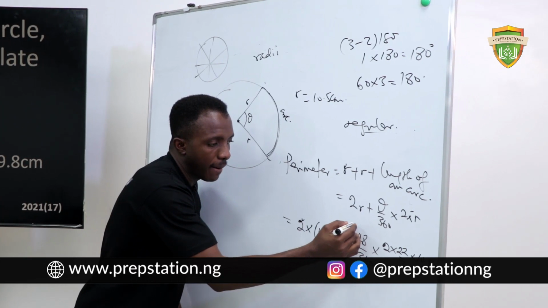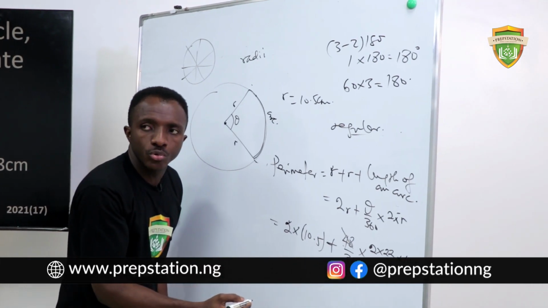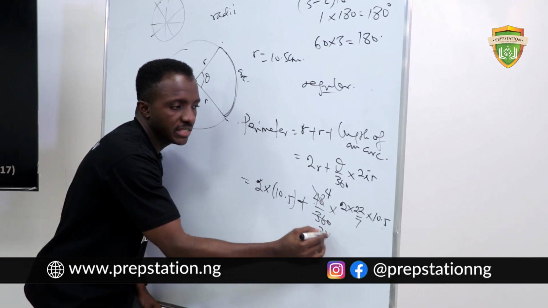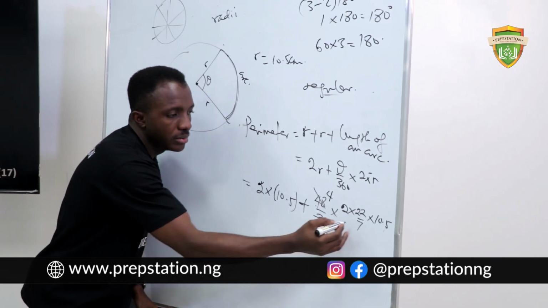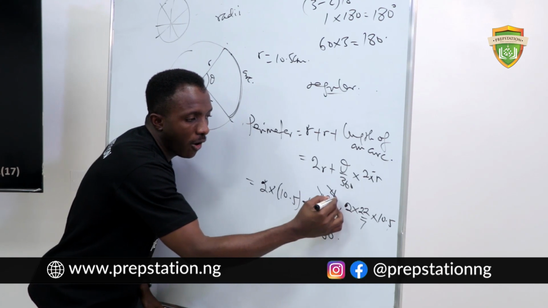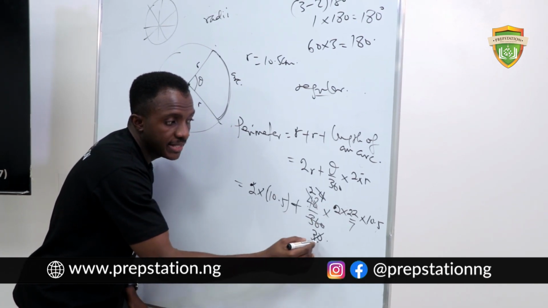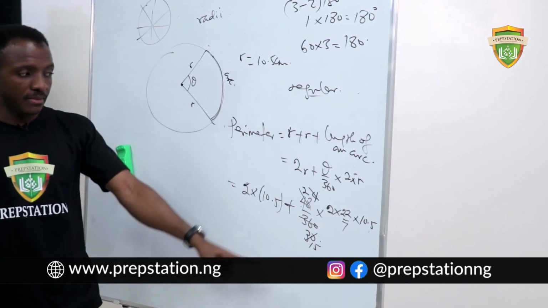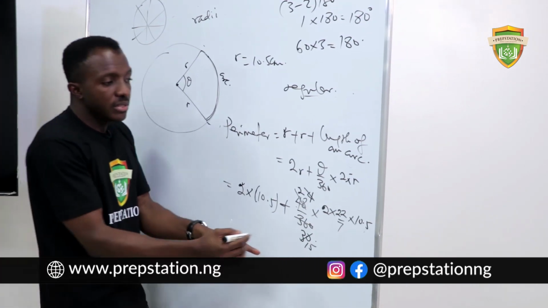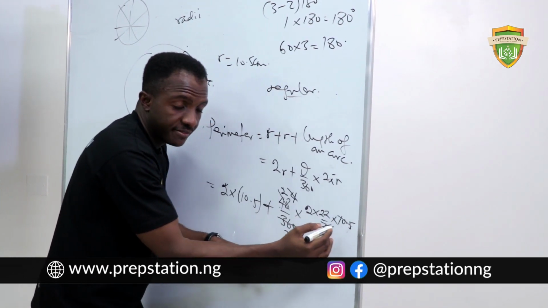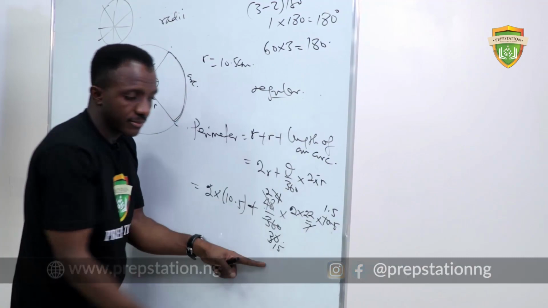12 can go into 48, 4 times, and into 360, 30 times. 2 can go into 4, 2 times, and into 30, 15 times. Now 7 can go into 10.5, 1.5 times.